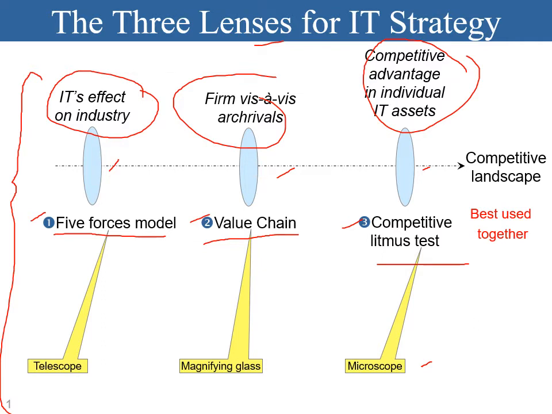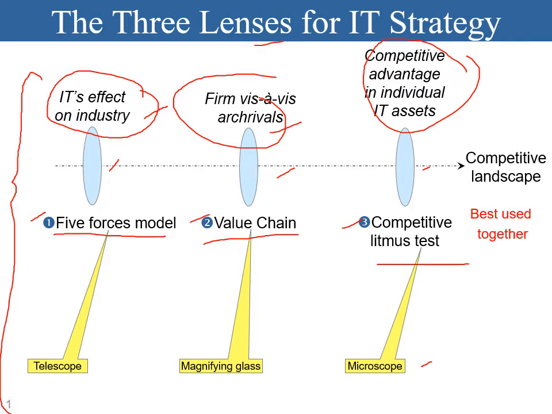So in summary, the 5 forces model focuses on the industry, which is about how IT alters your entire industry, and the value chain focuses on your company versus your competitors or archrivals. Okay, it is about how your company creates value versus your archrival.